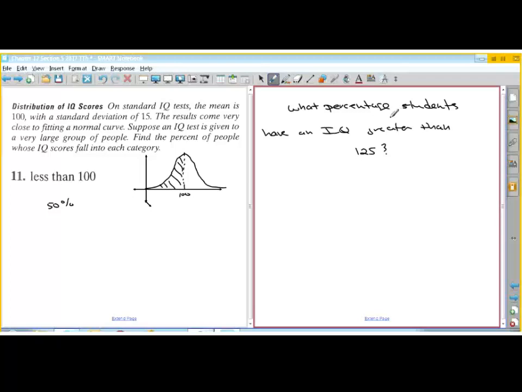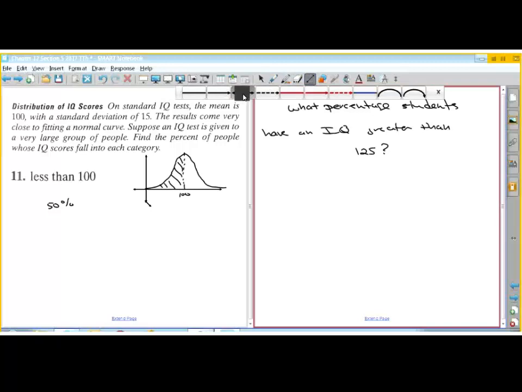Because that'll tell us what percentage of the population of students you would normally get. If you say you have 150 kindergarten students, how many would you expect to place in the gifted program if you set the limit at 125 for the IQ test? Now that's not the only thing they use to decide whether you're going into the gifted program or not, but this is one of them. So if you have to have at least 125 plus some other stuff, this will give you the maximum number of students you have.